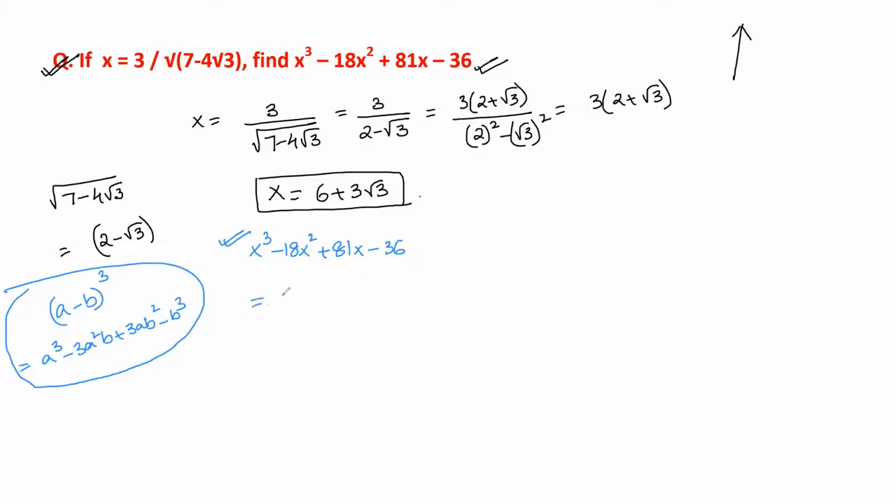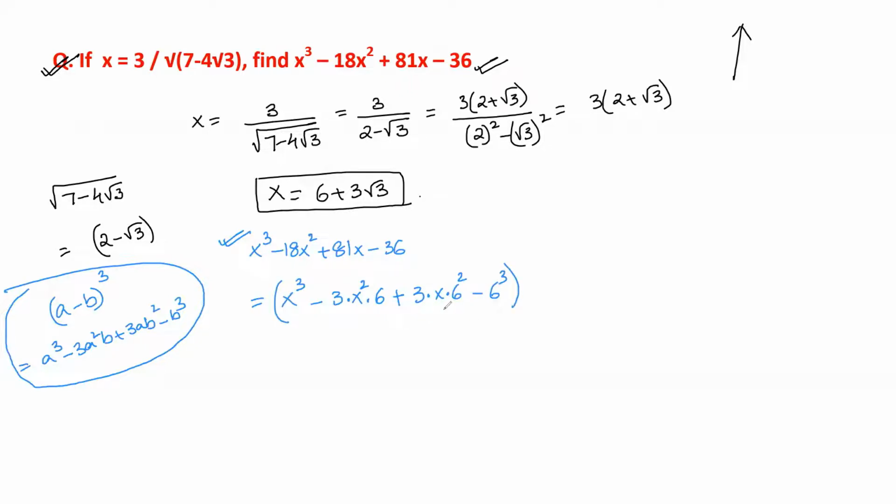So this can be written as x cube minus 3a square b. So let's assume a here is x. So this is x square into b. So let's assume b to be 6. Plus 3ab square, so we have 3a here is x and b square would be 6 square, minus b cube. So this has to be 6 cube.